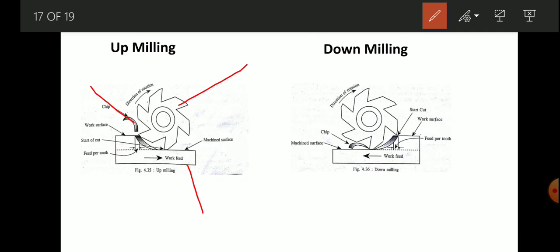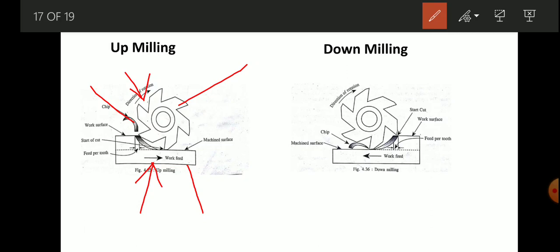It is a process of removing metal by a cutter which rotates opposite to the direction of the workpiece feed. Here we can see the direction of the cutter is opposite to the direction of the work.